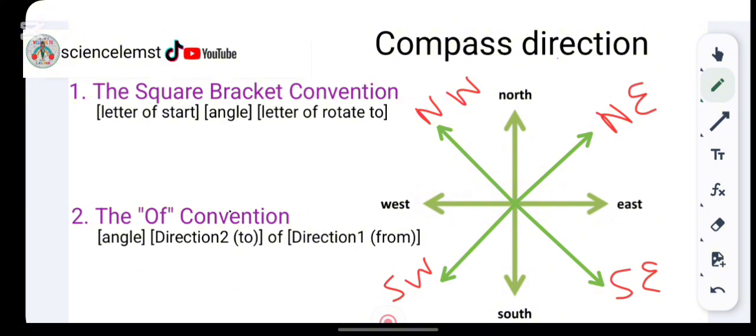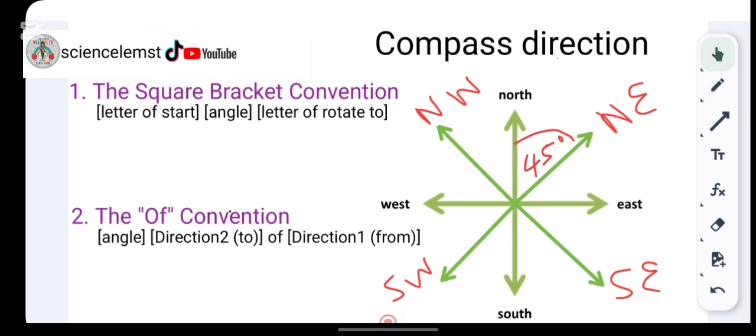Right? So the method that you used to actually name those vectors or those arrows is the square bracket convention, where you only focus on the letters. Another thing, you can only say this provided the angle that is given is 45 degrees.